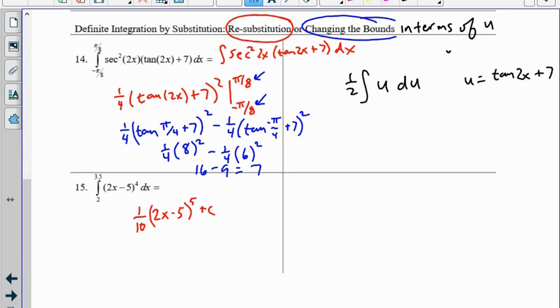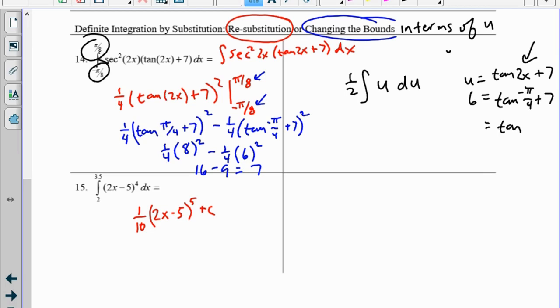So if I make the bounds in terms of u, I can take the negative pi over 8 and the pi over 8 that we had, and substitute them in this equation and figure out what u would be if x was negative pi over 8 and what u would be if x is pi over 8. So I'm going to take negative pi eighths, substitute it in, tangent of negative pi fourths plus 7. That gives me 6. So when x is negative pi eighths, u is 6.